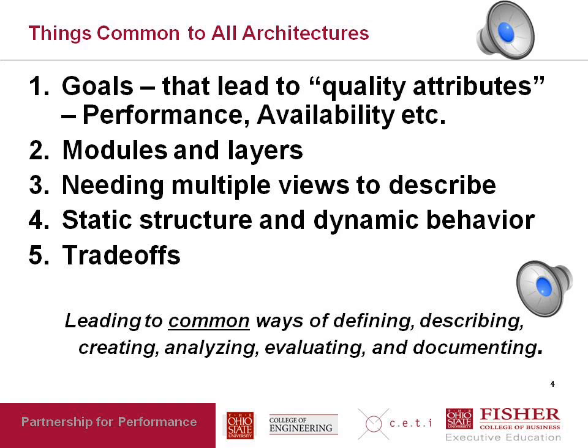The next thing you should know is that all architectures have static structure, things that don't change about the architecture, relationships that don't change about the architecture, attributes and properties that don't change about the architecture, and dynamic behavior. So, for example, the structure of the buildings or the university's organizational hierarchy is an example of the static structure.